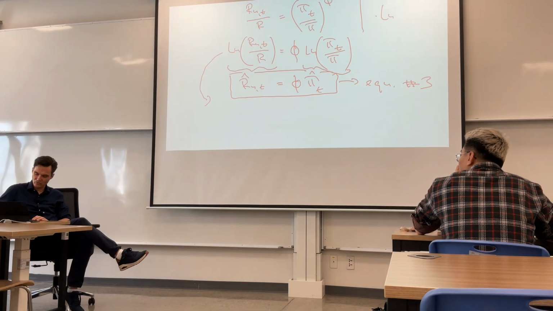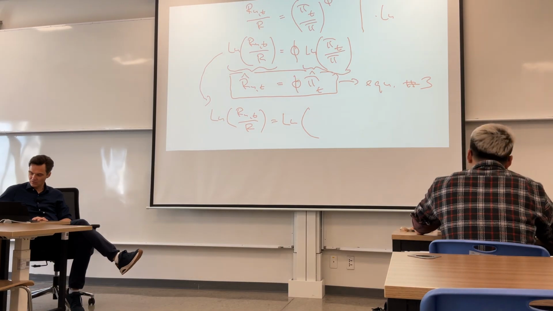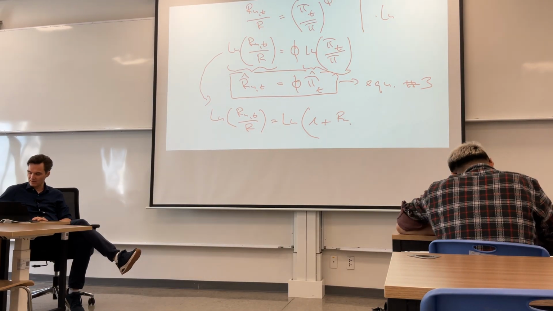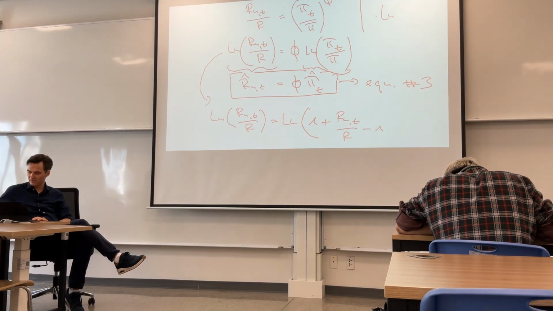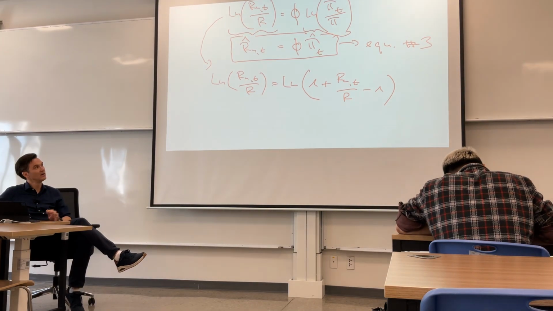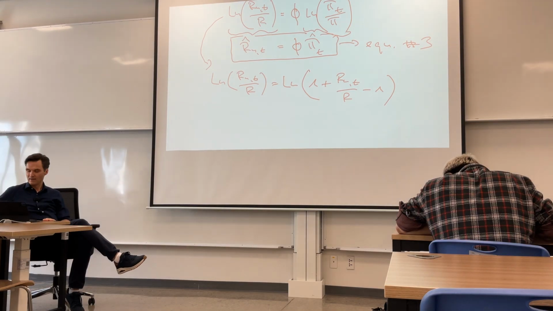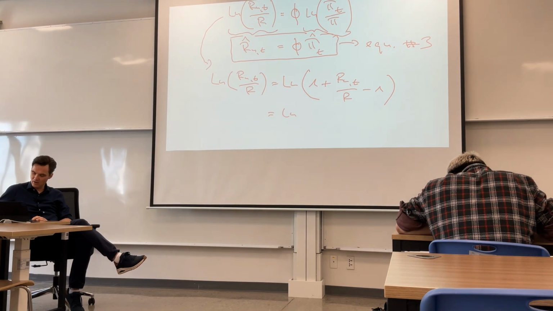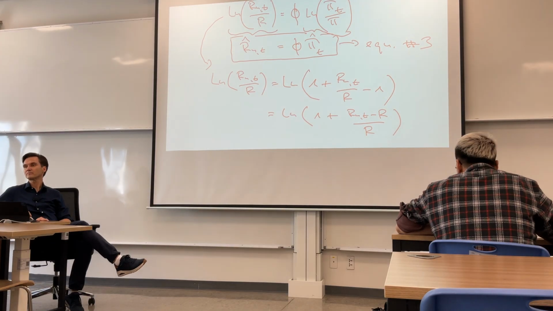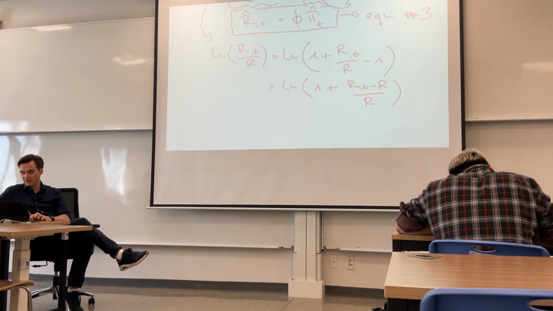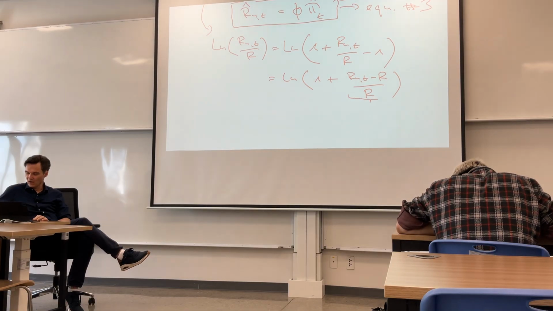Well, you can always do a little bit of a trick. You can write the logarithm of R_{n,t} divided by R, and that's always the same as the logarithm of, now you're going to add and subtract the number 1, so 1 plus R_{n,t} over R minus 1. So you haven't changed anything, you're just adding and subtracting the number 1. Now you can write this as the logarithm of 1 plus (R_{n,t} minus R) divided by R. What would you call that?